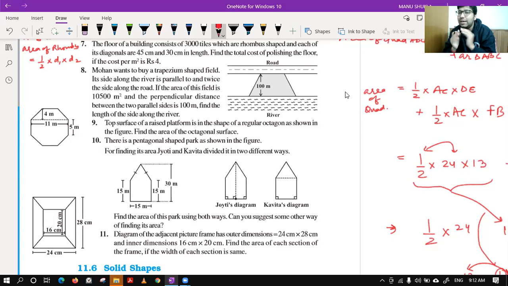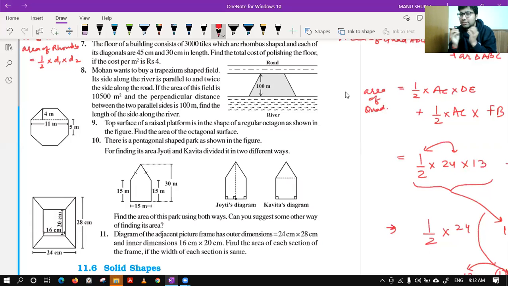First, you need to find the area of floor, complete area. But what you know right now is area of one tile, and you know there are 3000 tiles. So can you find easily the area of the floor?